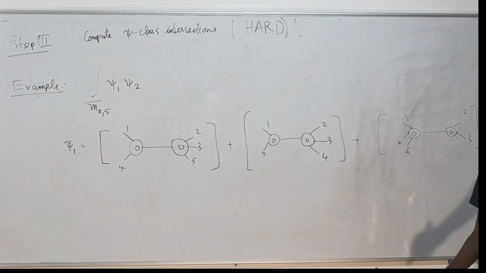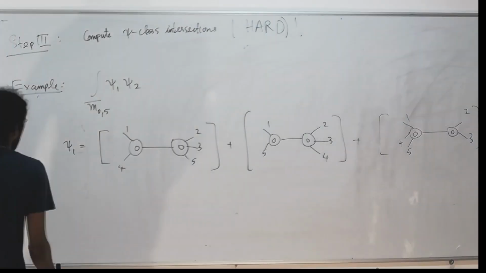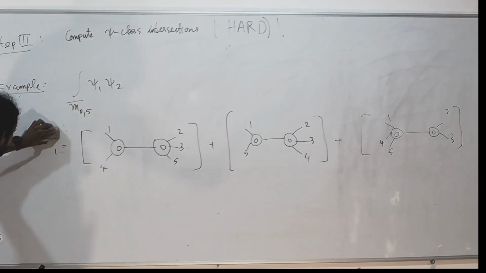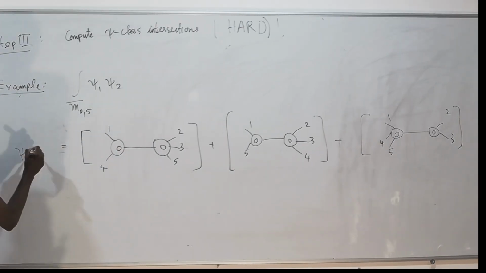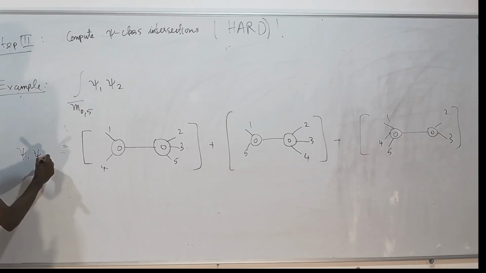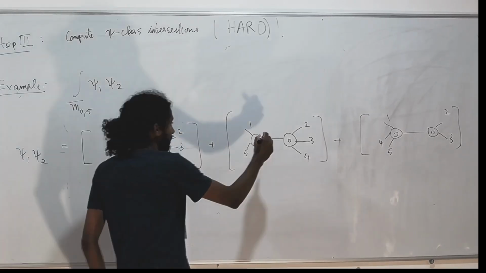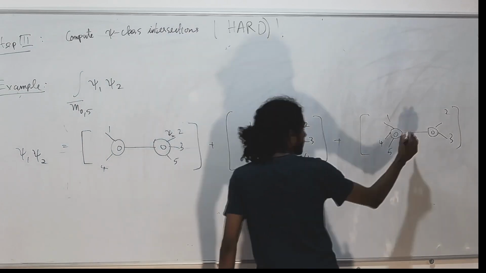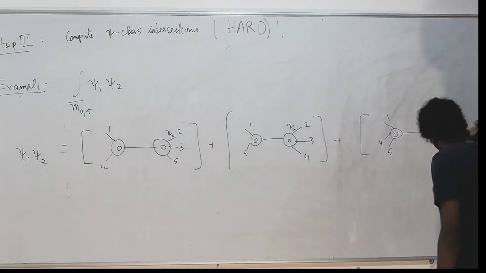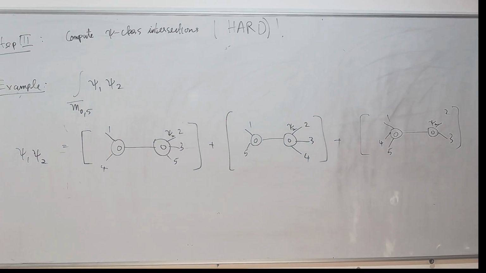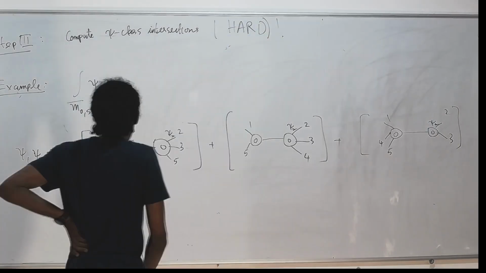Okay. Now what do I do? What am I supposed to do when I multiply by psi 2? I just put psi 2 where I see 2. Okay, now what?